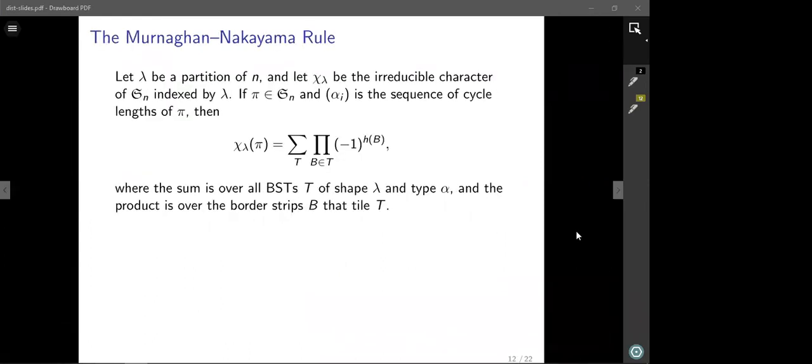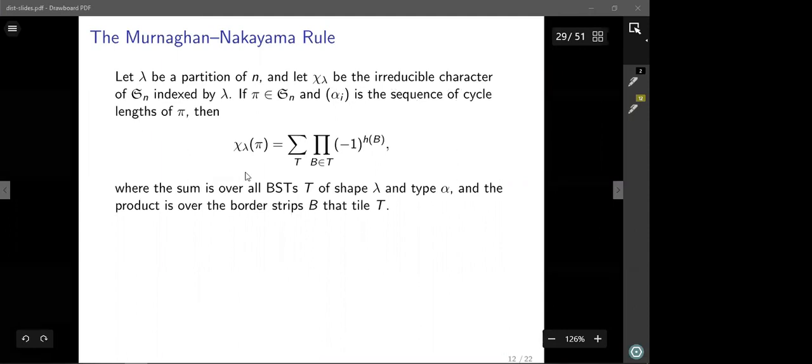Okay, so the Murnaghan-Nakayama rule now, we're ready to state it. So if lambda is a partition of n, and we're trying to figure out what chi lambda is, well, we're trying to evaluate it on some particular permutation, or in other words, some particular cycle type. And so if alpha sub i is a sequence of cycle lengths of pi, then chi lambda of pi is the sum over all border strip tableaux of shape lambda and type alpha.